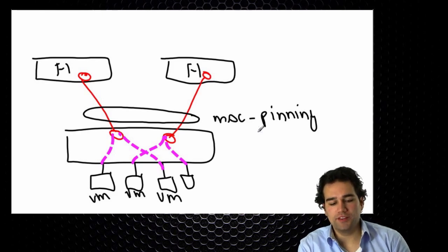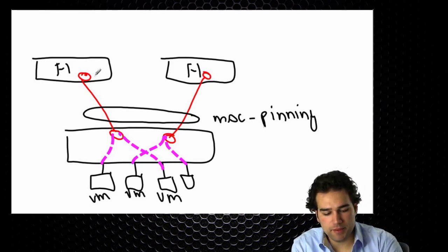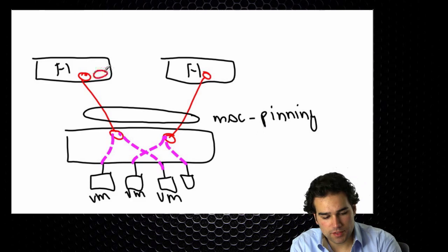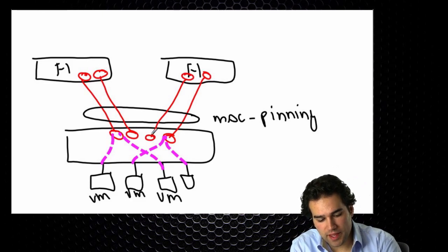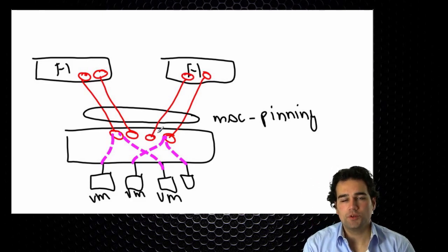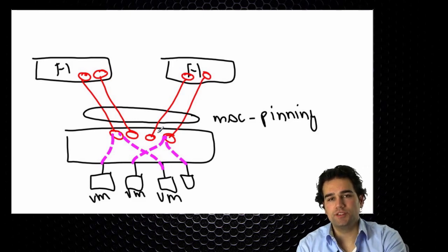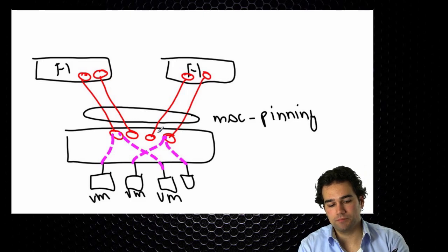There is one more way to do port channeling, and that makes it a bit more interesting. This can also be done on UCS. What if I have multiple links towards the same switch? And still doing this. So I have multi-switches and multiple links per switch.